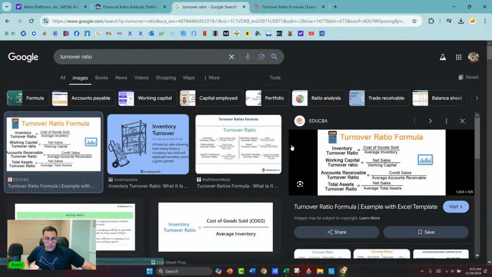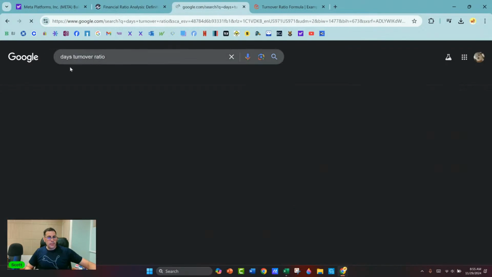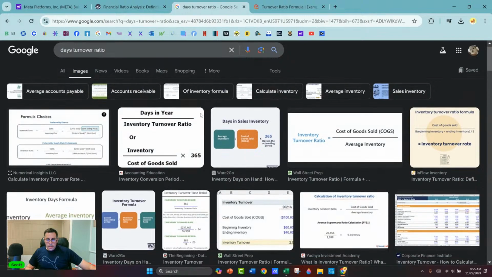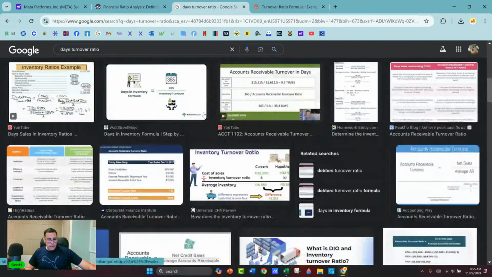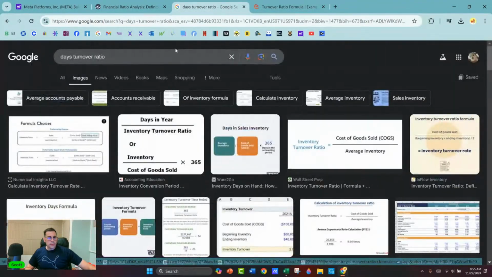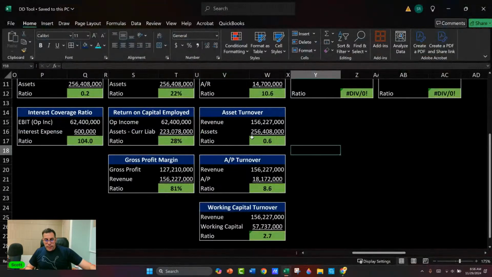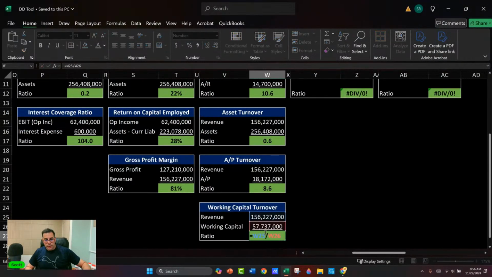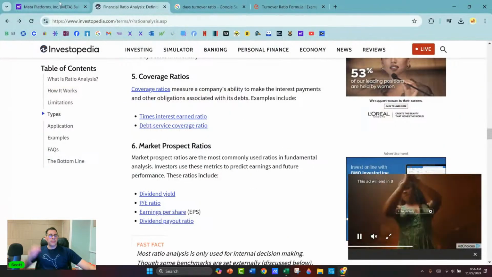I'll refine this as time goes on, as I use it more. This is taking a while to put together, a lot longer than my other Excel models. But I think this will be a good one.